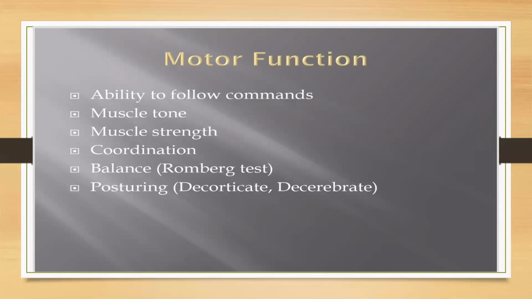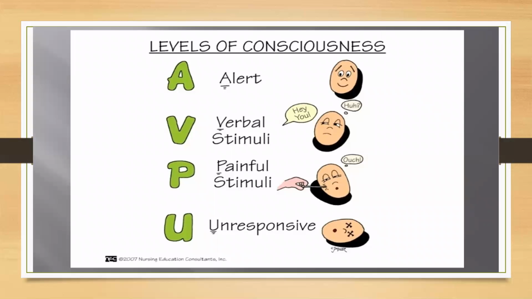Motor functions include ability to follow commands, muscle tone, muscle strength, coordination, balance, posturing. Level of consciousness: whether the patient is alert, responding to verbal stimuli, responding to painful stimulus, or totally unresponsive.